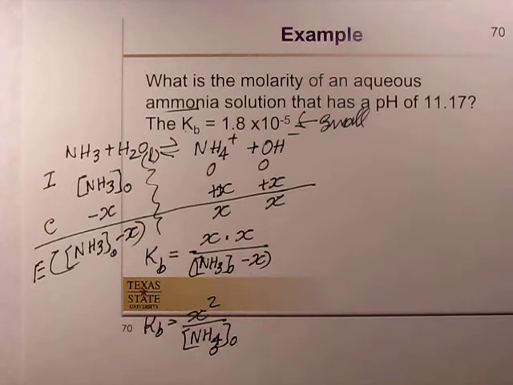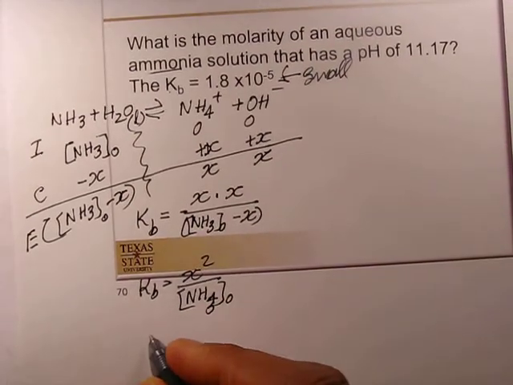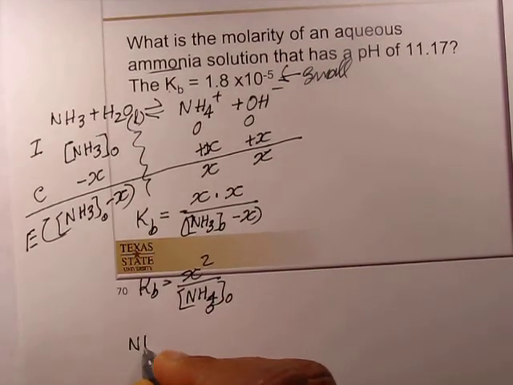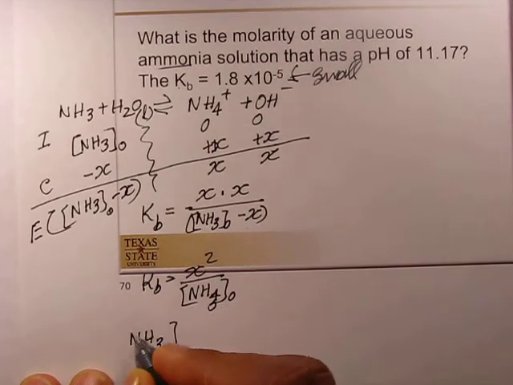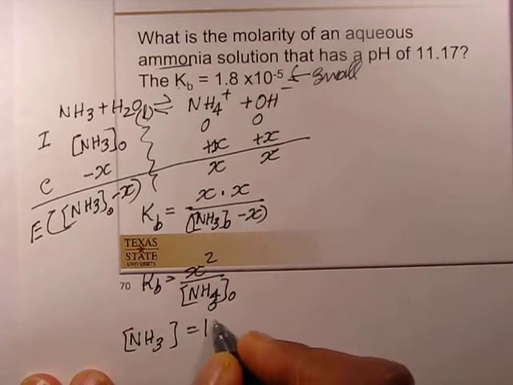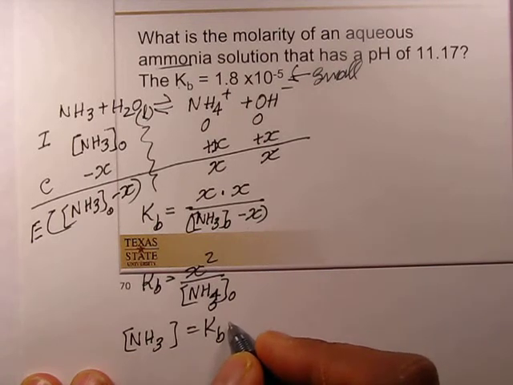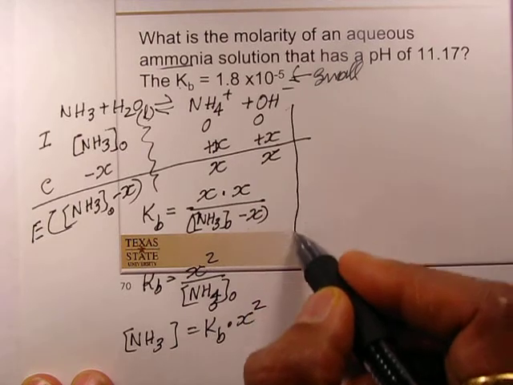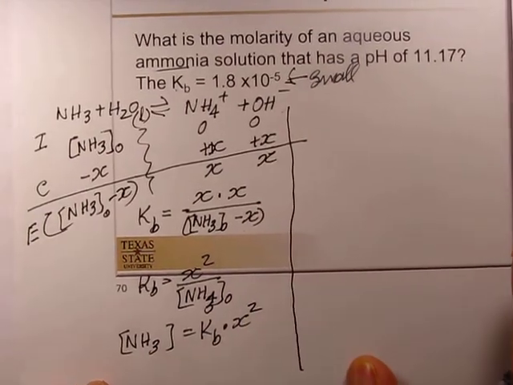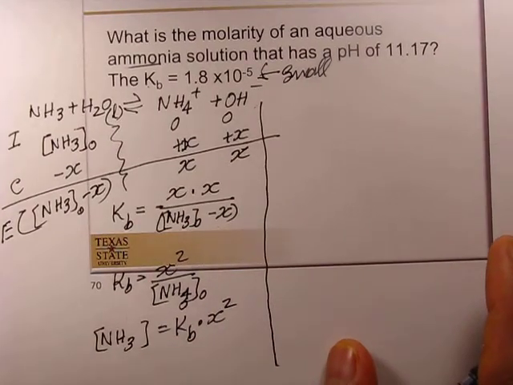That's it. So the ammonia concentration will be equal to x square divided by Kb. Right now we do not know what x is.